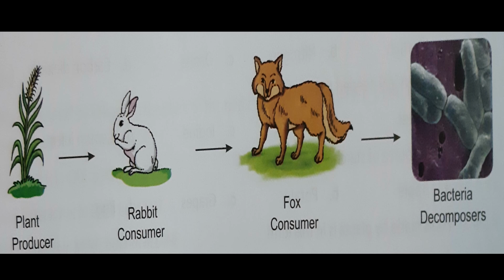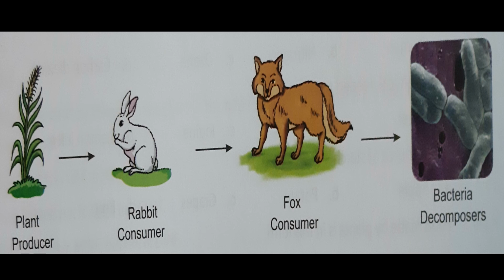Here, the food that is produced by a plant is eaten by the rabbit. Here, the plant is the producer as it produces food, and the rabbit is the consumer as it depends upon the plant for food.